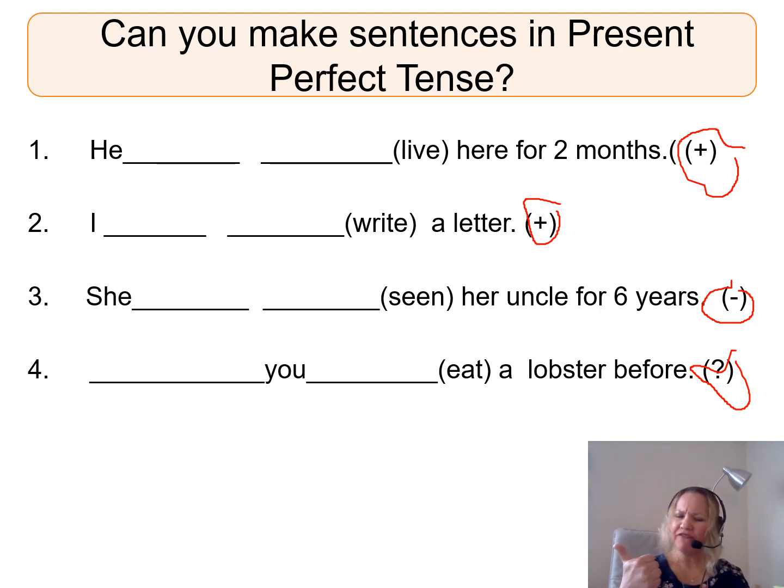He have or he has? He has, perfect. Because with I, you, we, they, we only use have. But with he, she, it, we use has. So we have to think about the past participle, verb 3 of live, live, lived.